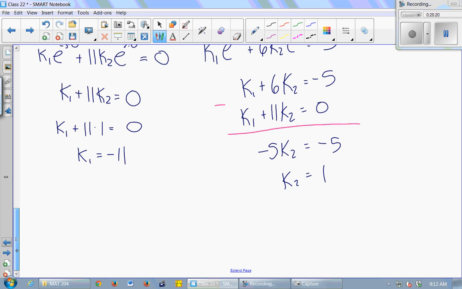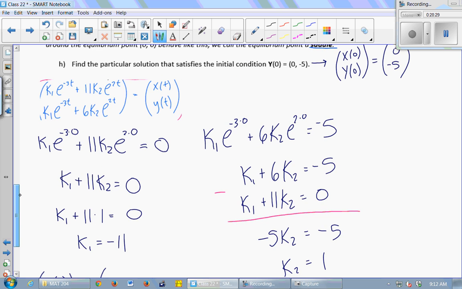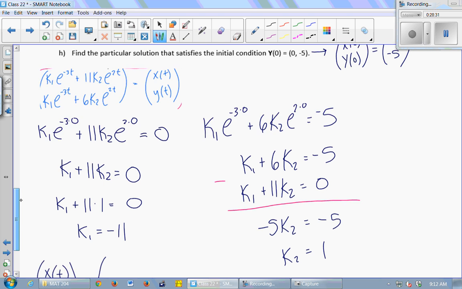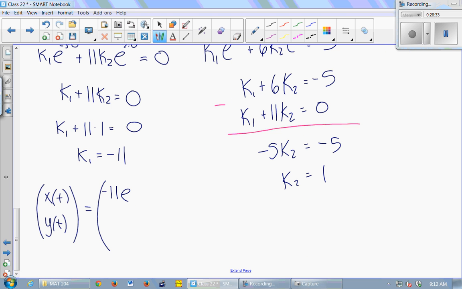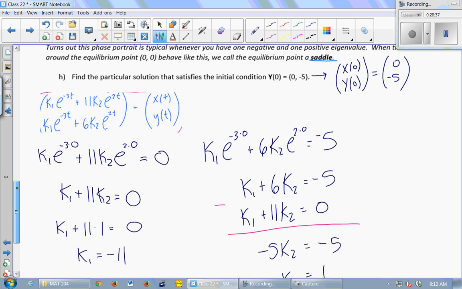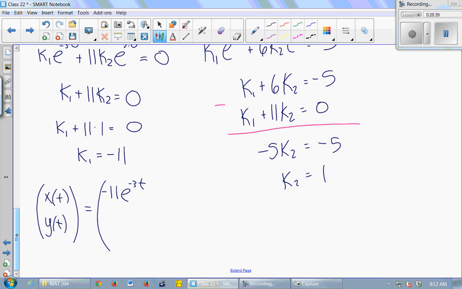I don't really want to, but I want to make sure that you know that that's what you have to do. x of t, y of t equals k1, which is -11, plus 11 k2, so plus 11 e to the 2t.